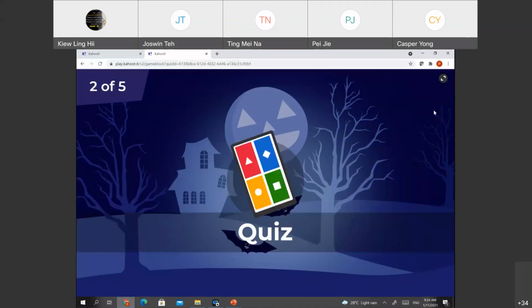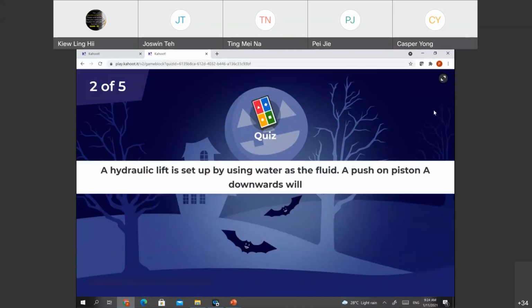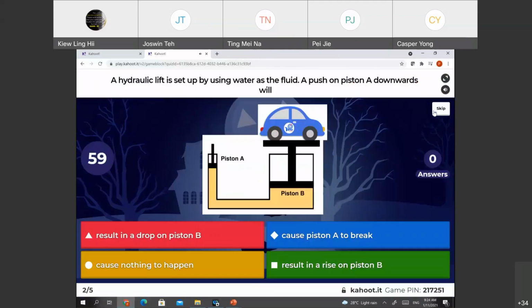Now, instead of gas, it is using water as the fluid. So what will happen on piston B? Read the question carefully.